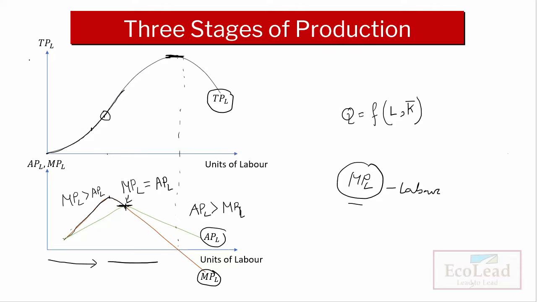If we continuously increase the variable input, we can see that the total product is increasing but at a decreasing rate. Why? Because on the fixed amount of factor we are continuously increasing the variable factor, so the productivity of the variable factor will decrease.